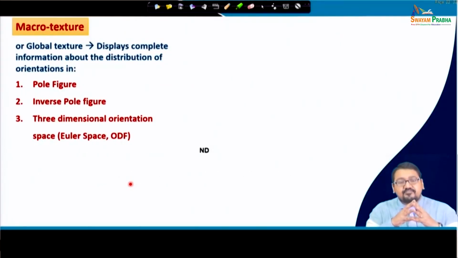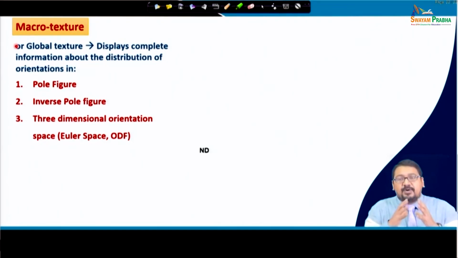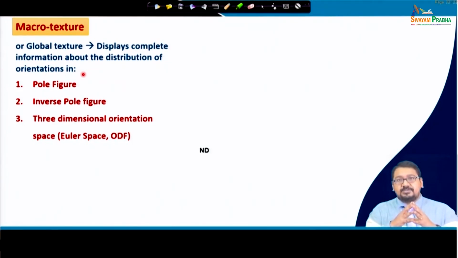So, you see, what is macrotexture? Macrotexture is usually called bulk texture or global texture, and it displays complete information about the distribution of orientation. So, it displays the complete distribution of orientation in space for a particular polycrystalline material which has been processed by some method, say solidification or deformation or any other method.